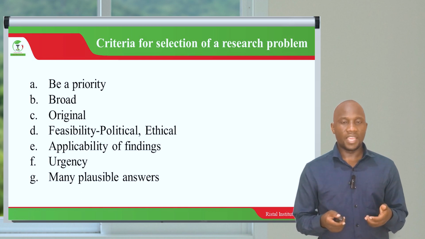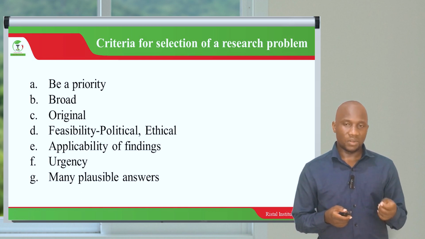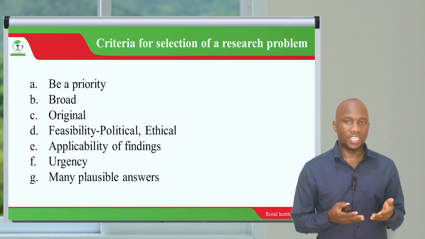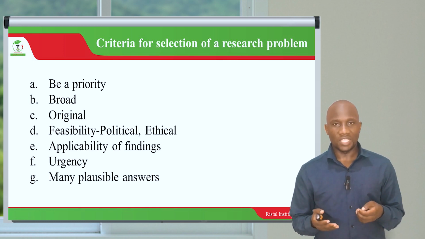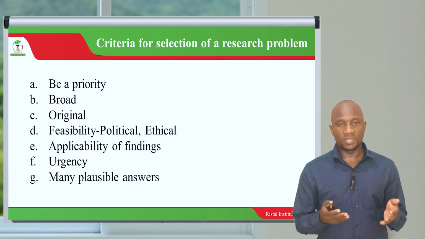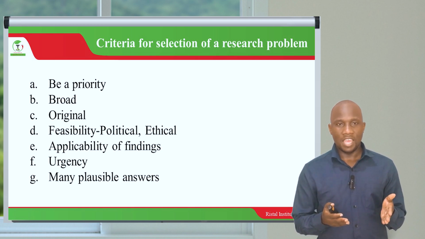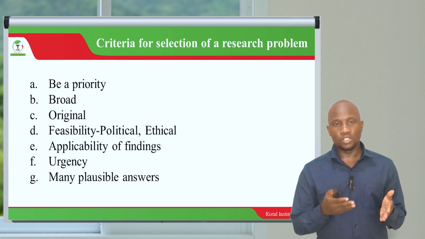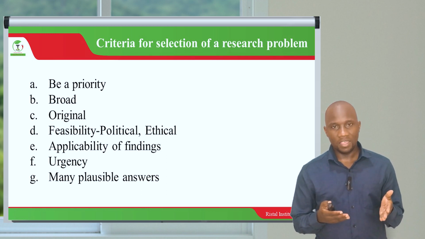So how do you decide whether a particular research problem can be given priority such that resources are allocated for you to conduct the research? Because the process of conducting research requires resources. And therefore, we should be able to conduct research that will result in betterment.